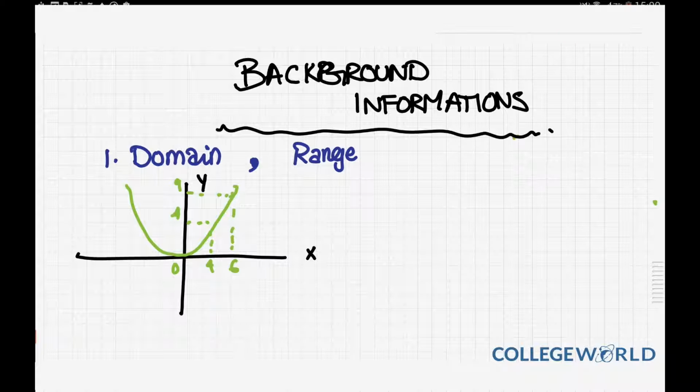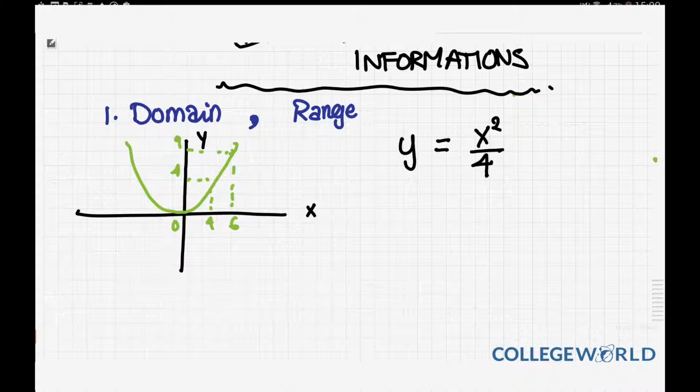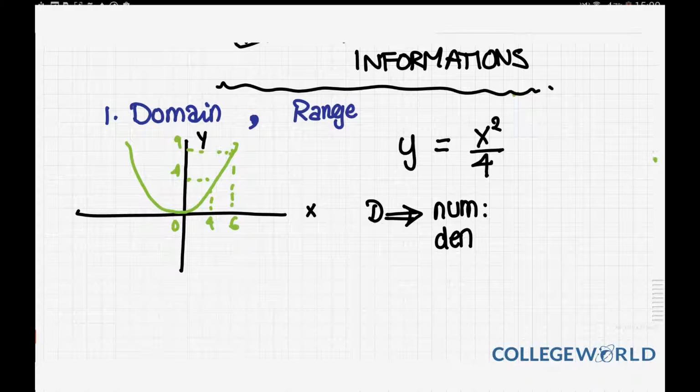So 6, 9, 4, 4, and this is 0, 0. Technically speaking, the equation of this parabola is y equals x squared times some coefficient, and in this case your coefficient is going to be 1 over 4. So here you have x squared over 4. Yes, that's it. So this is your equation.